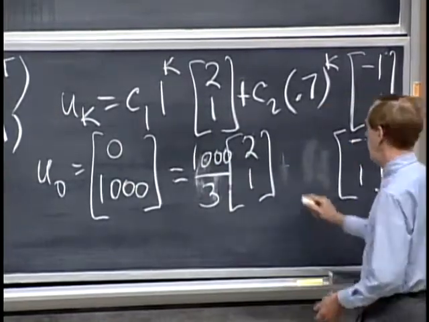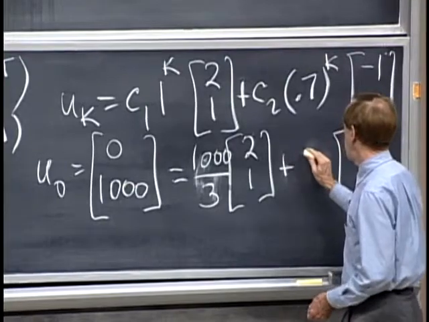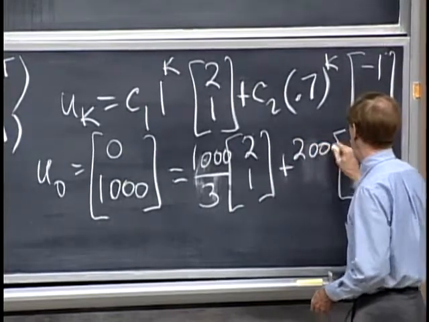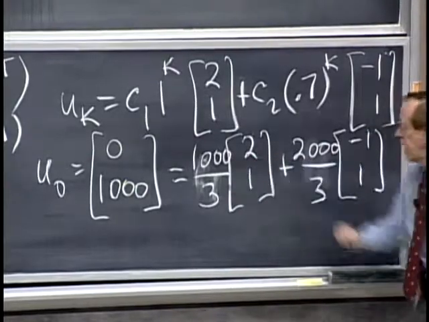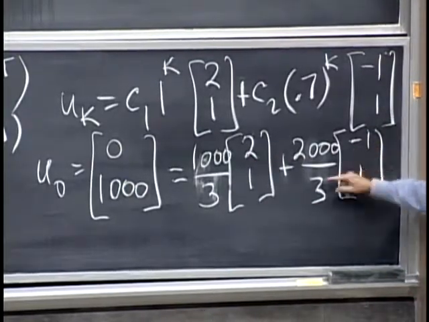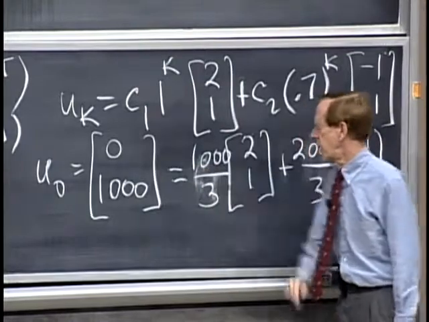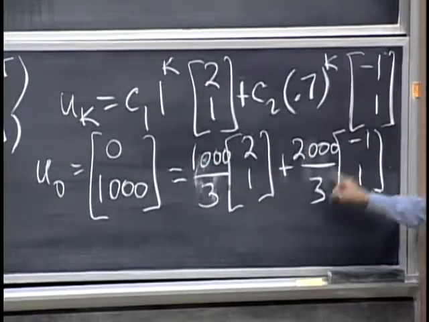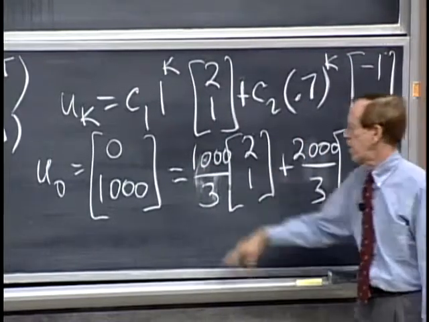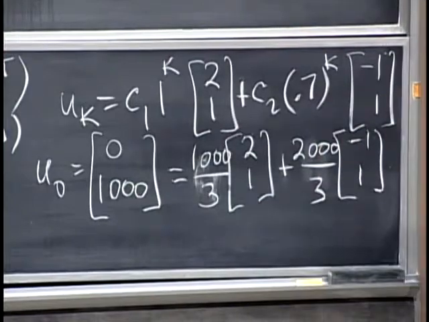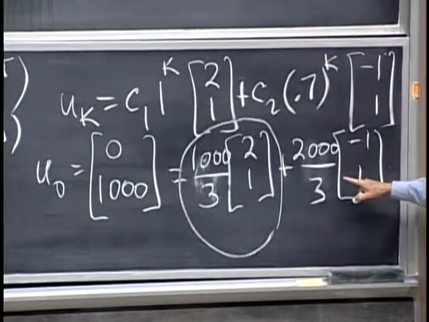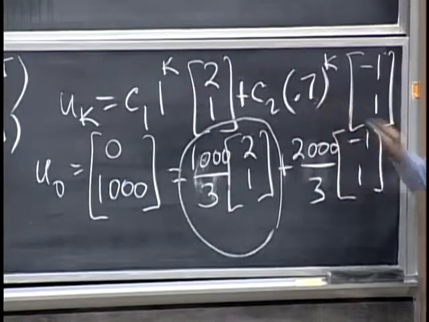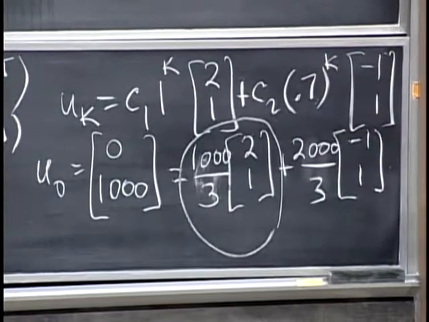So maybe we need plus 2,000 over 3. I think that has to work. 2 times 1,000 over 3 minus 2,000 over 3 will give us the 0. And the 1,000 over 3 and the 2,000 over 3 will give us 3,000 over 3, the 1,000. So this is what we approach. This part with the 0.7 to the kth power is the part that's disappearing.